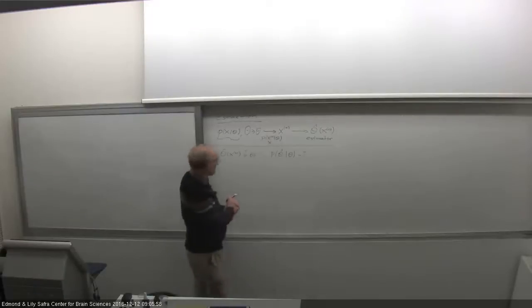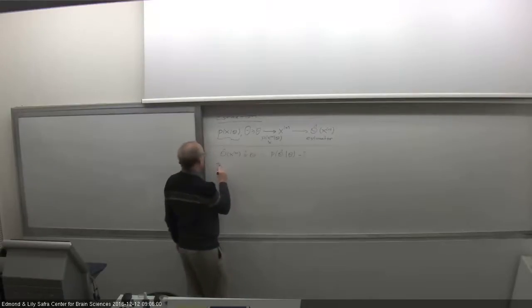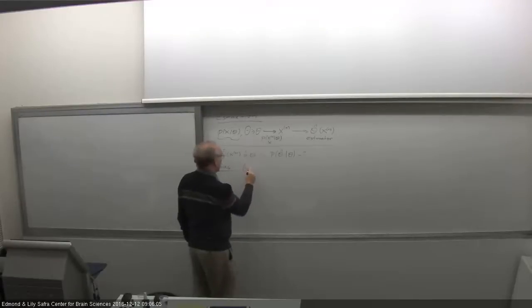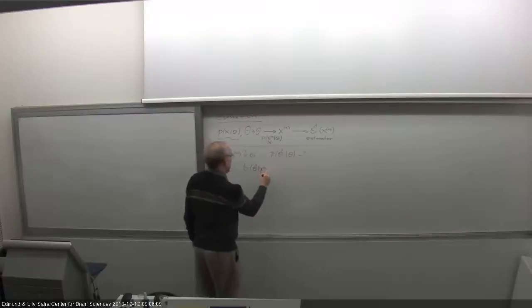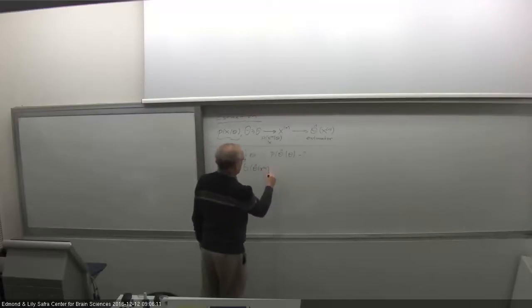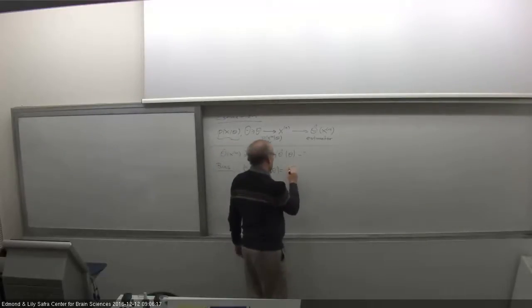So we actually define something which we call the bias, which is some function of the estimator with n samples, given theta, which is simply the expectation over all samples.